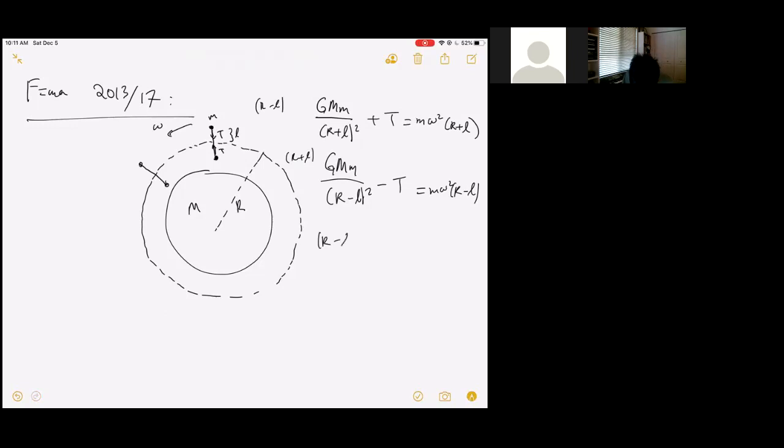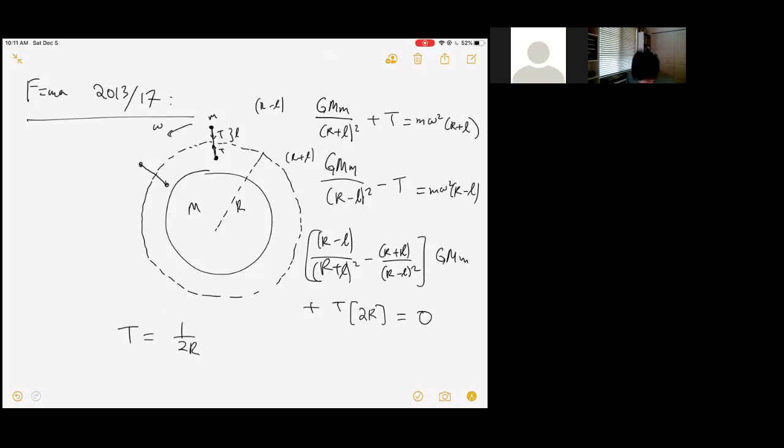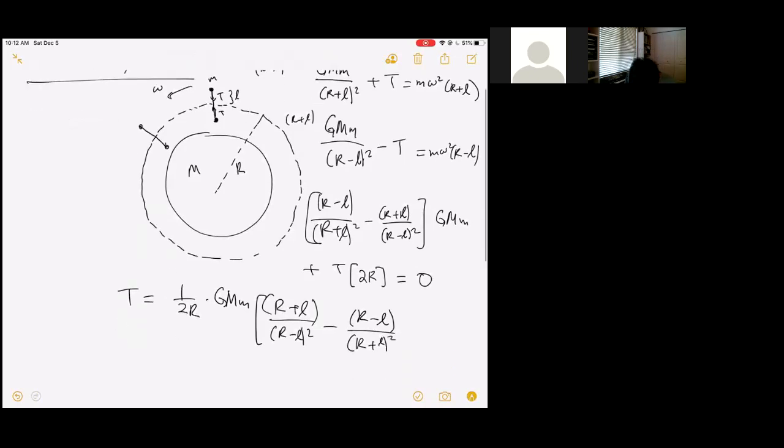So we get T equal to 1 over 2r times GMm times a quantity.